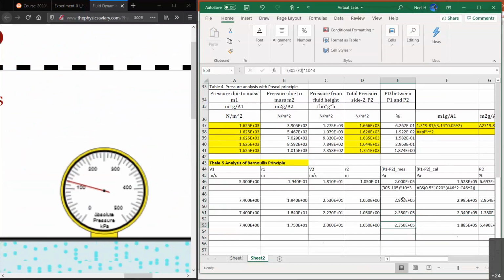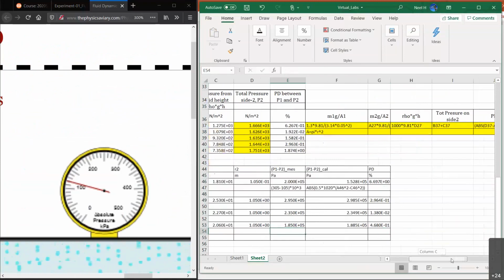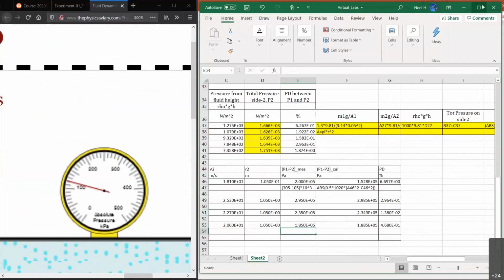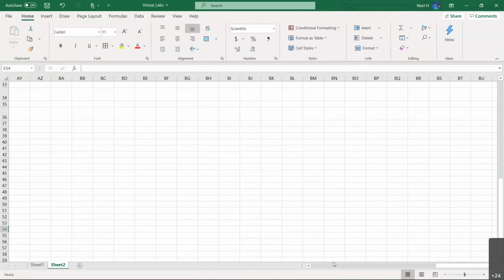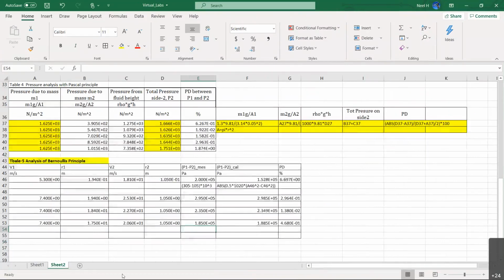Good, any questions so far? Now this number is 120. Okay, any question? Everything is here on this table now.